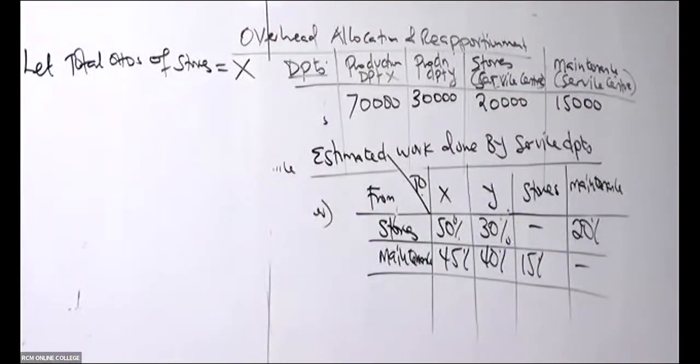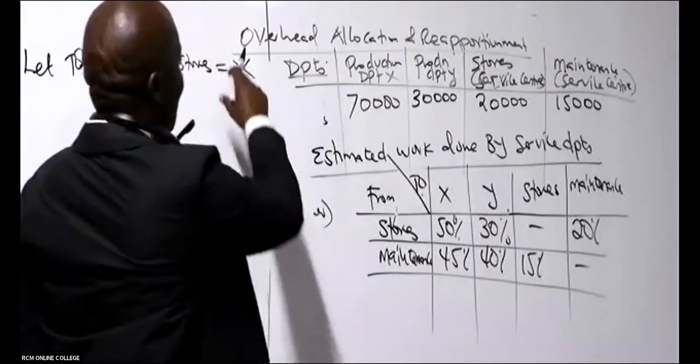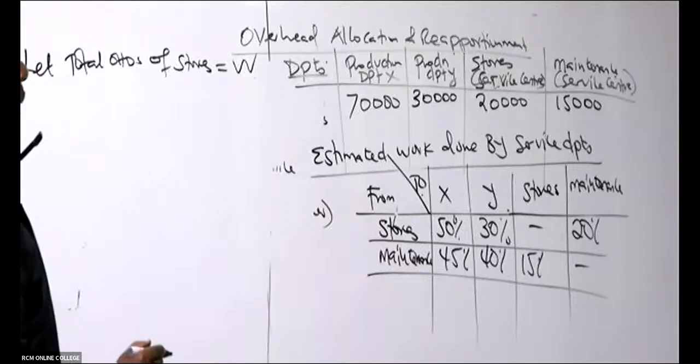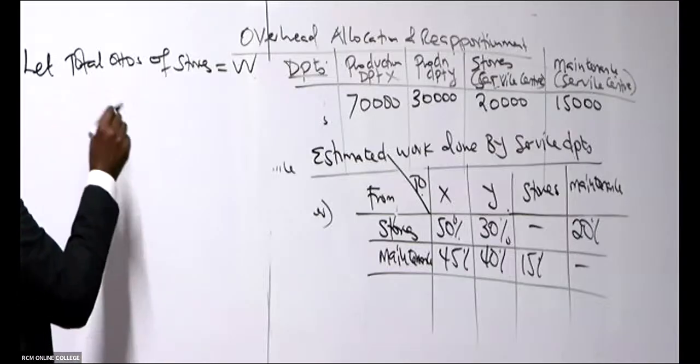To be equal to X? No, that will not be very good because already we have X and Y. Let's use W and Z, or whichever letters which are not there. All right, so let the total overheads of stores be W.